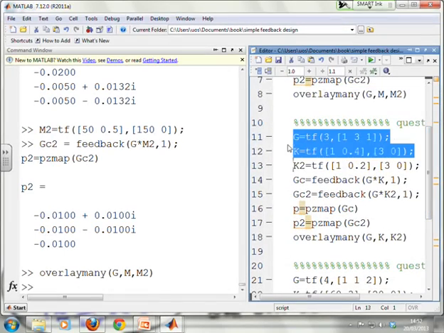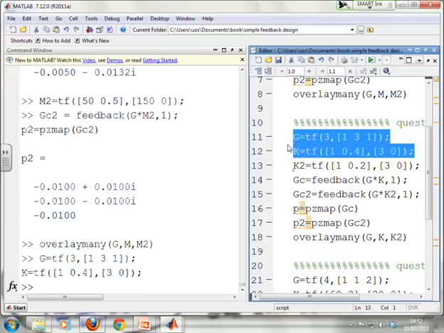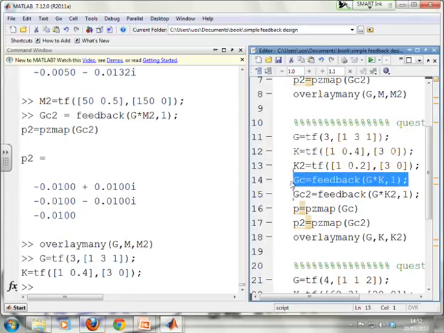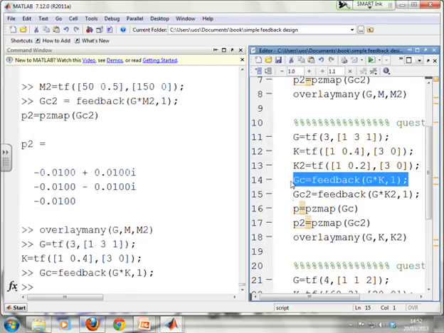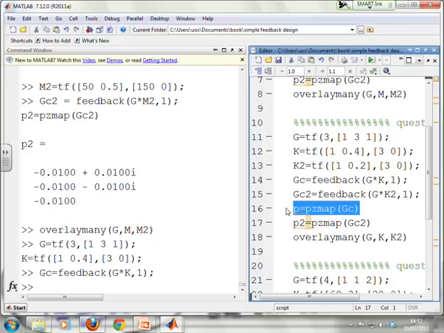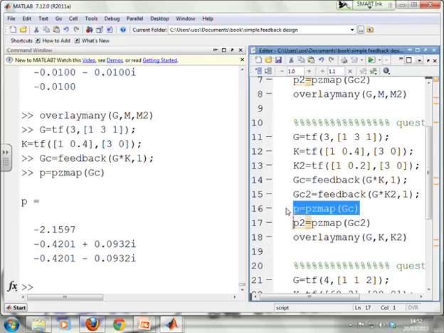So first of all, we enter in the system. There's g and k. We calculate the transfer function. There's gc, and we look at the poles. And there you go. You've got poles at -2, that's a fast one, and you'll see poles at -0.42, plus and minus a relatively small complex bit, so it's pretty close to critically damped.